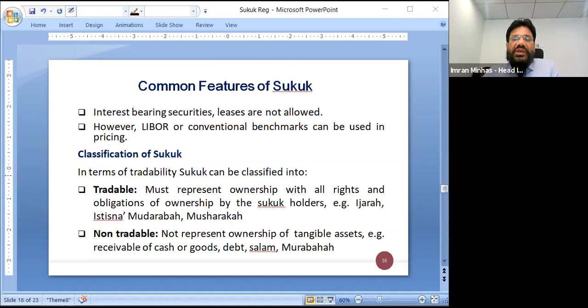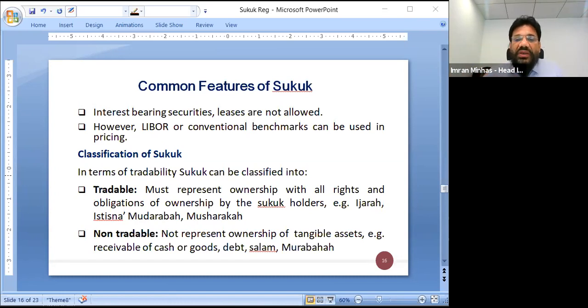Because here you see in Ijara, you are the owner of the asset, so you can trade the asset. If you are not the owner of the asset, you can't trade it. In Istisna, you are again the owner of the product. In Mudaraba, you have a share, you are a partner, you are the owner of the business or the project. Or again in the Musharaka principles, you became an owner, and you can sell your share to anybody.